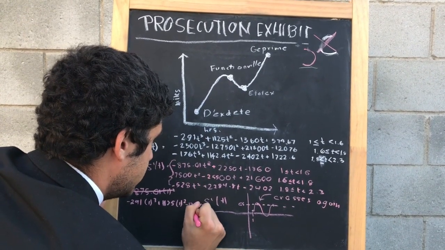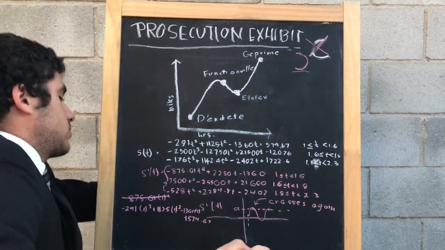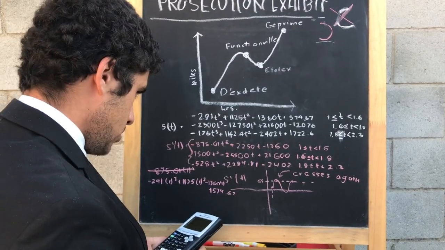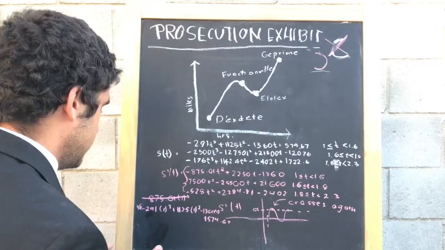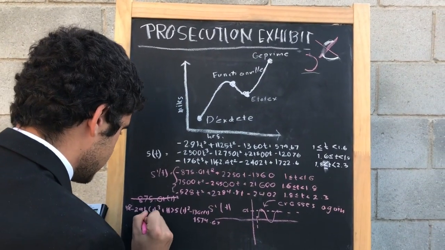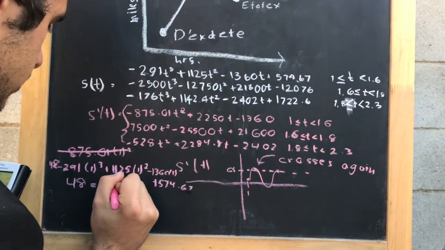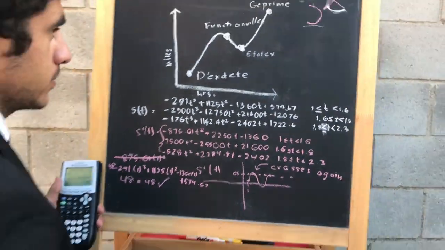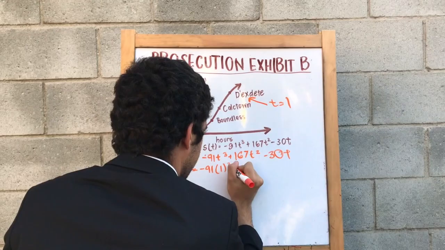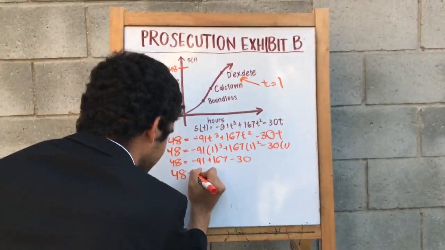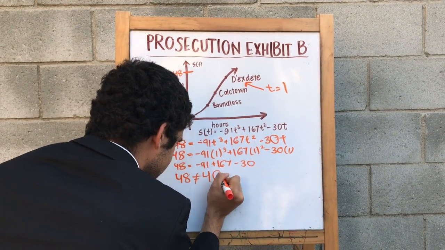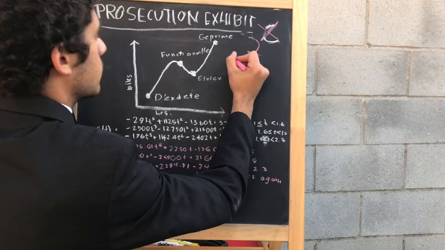However, if we were to plug in this value, t equals 1, into that piecewise function, you would come out with a value of 48. This represents the amount of miles that she traveled from when she reached DXDT. However, if you were to plug this same value into Exhibit B, you would result with a value of 46 miles, which is not the same as in Exhibit C.